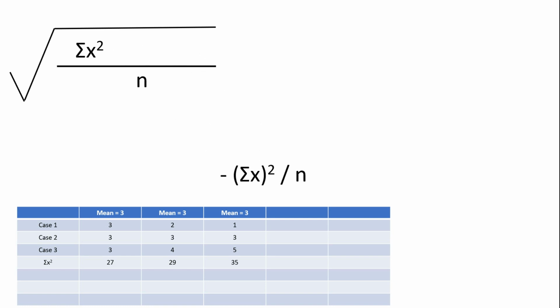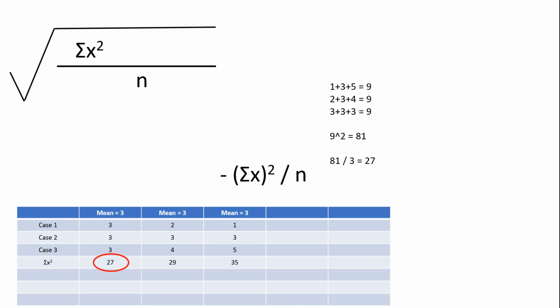Now let's take the next chunk. What is this doing? Okay, well it says add up the scores, square them, and divide by n. Okay, let's do that. Well, no matter which group I'm looking at, when I add the 3 scores, I just get 9. The average is always 3, and there are always 3 scores. So 9 squared is 81, and 81 divided by 3 subjects is 27.